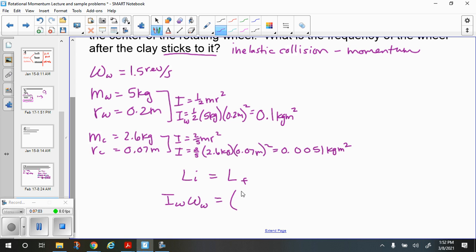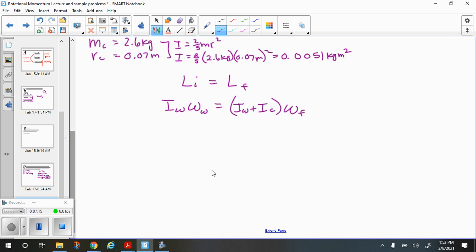We're going to add their moments of inertia together. So we're going to have I of the wheel plus I of the clay times this final omega, which is what we're solving for. So omega final is equal to I of the wheel times omega of the wheel divided by I of the wheel plus I of the clay.